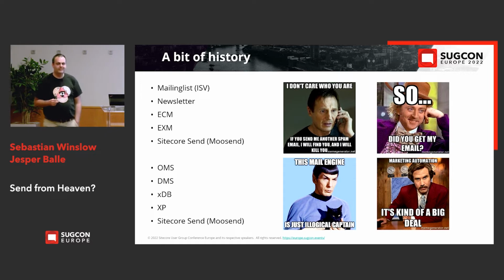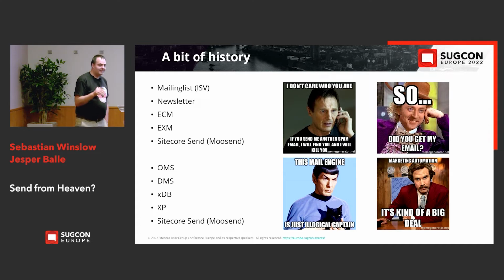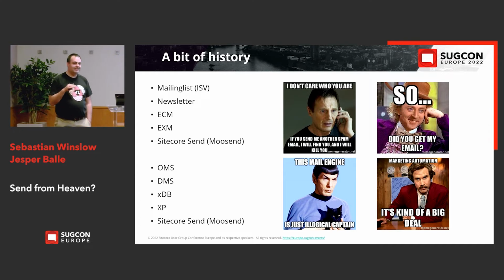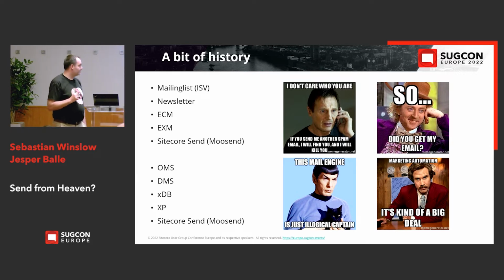There are 2 components in Sitecore Send that relate to what we know from Sitecore XP, and that's the mailing and the marketing automation part. Mail version one was at first mailing list. That was an Access database and a module developed by Pencha as an ISV module.